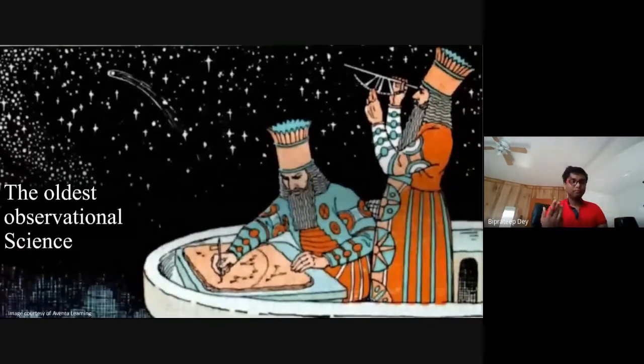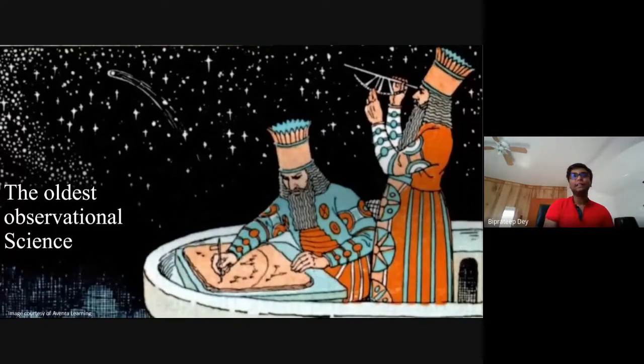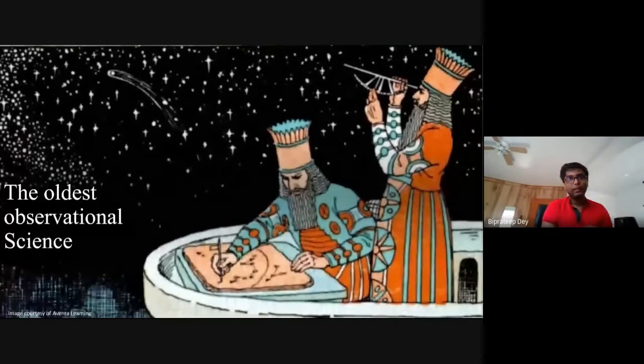And because of this, these were also linked with seasons. So people thought that somehow the appearance or disappearance of some stars will affect the seasons and govern their lives indirectly. So even thousands of years ago, people made it a point to catalog what they see in the sky and basically write them down.